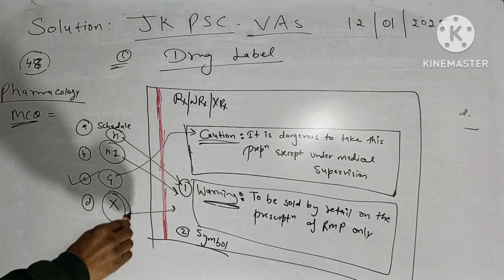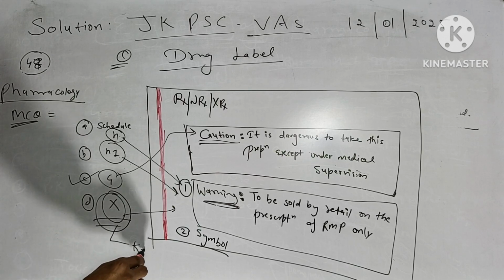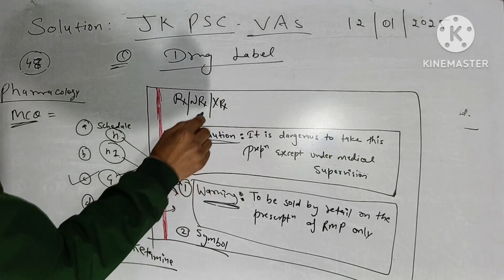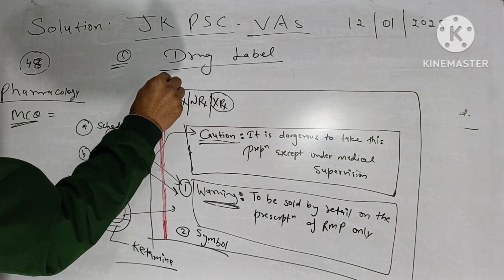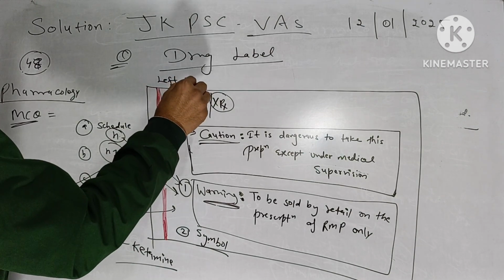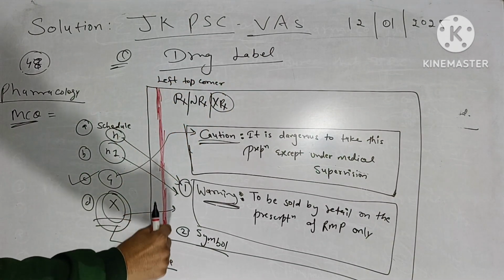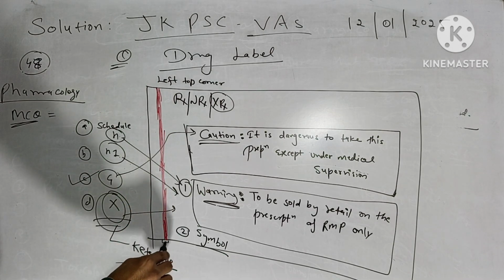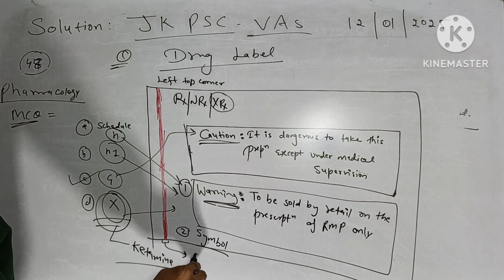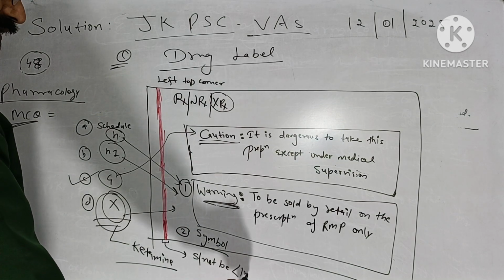If the drug belongs to X category, meaning anesthesia, for example the drug is ketamine, then the symbol would be XRX, on the left top corner, and on the left hand side there is one vertical red line, and the width of this red line should not be less than 1 mm.